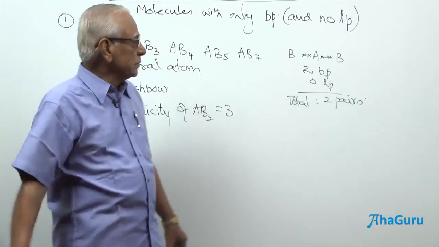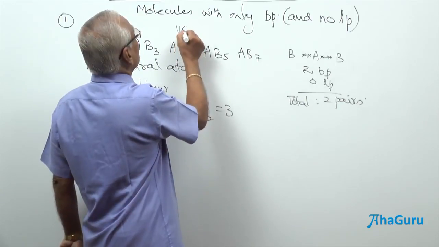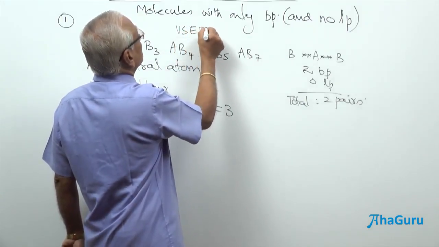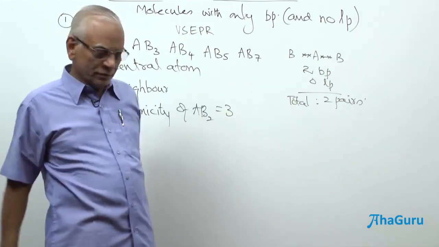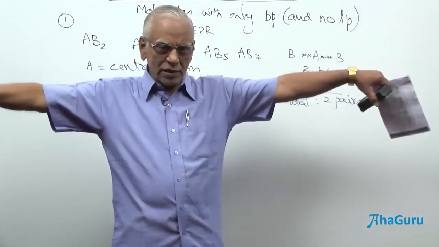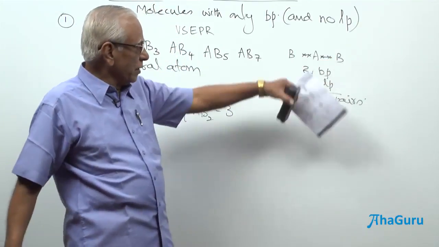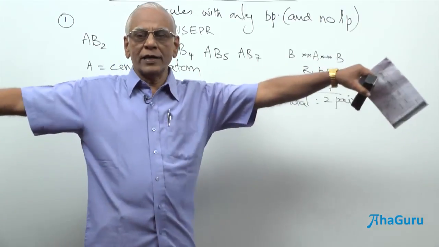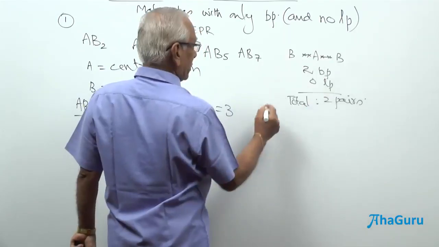Now, there is always repulsion. What does the VSEPR theory tell you? VSEPR theory: there is a repulsion between the bond pairs. So that because there are repulsions, we have to avoid the repulsions. The best way is to keep the pairs as far away as possible, and that should be a linear structure.